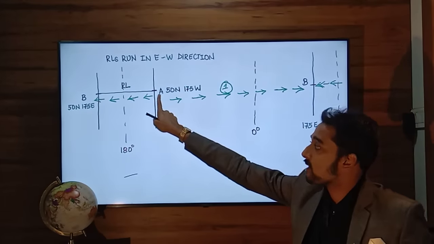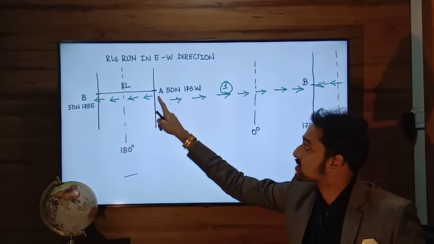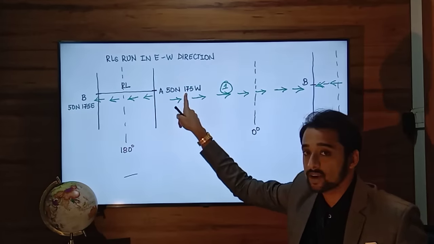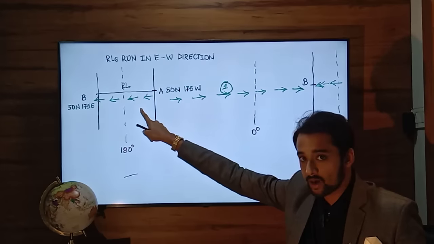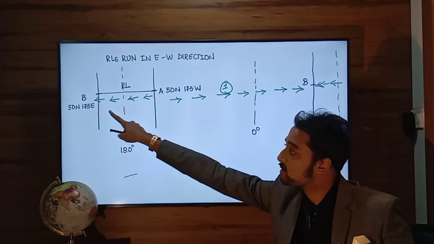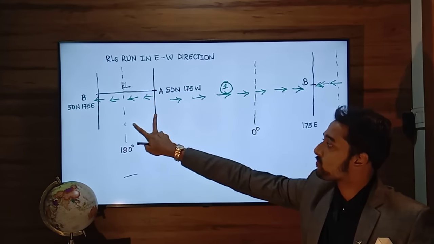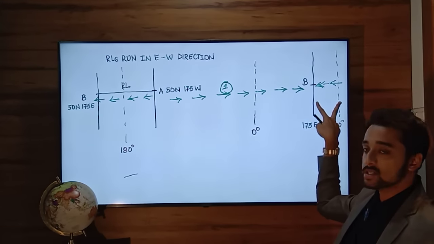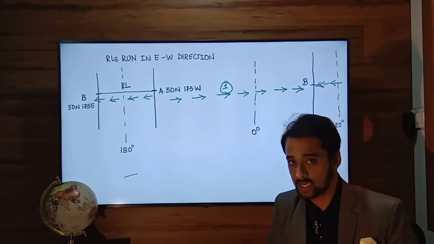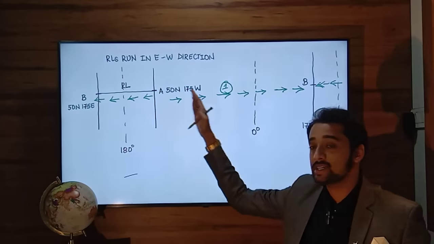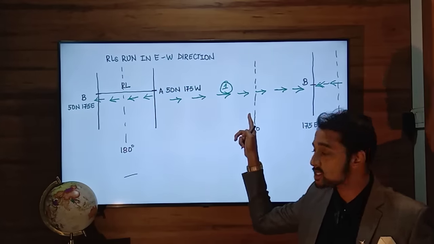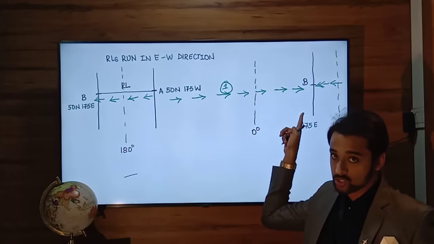Starting from A, fly west, just cross 5 degrees of longitude. There will be 5 longitudes between 175 and 180. Cross those 5, okay, and then cross 5 more and you reach 175 east. So 5 this and then 5 this. Only 10° of longitude change will take you to your destination. But if you choose to fly easterly, what will happen? We will have to first cover 175 longitudes and another 175 longitudes.